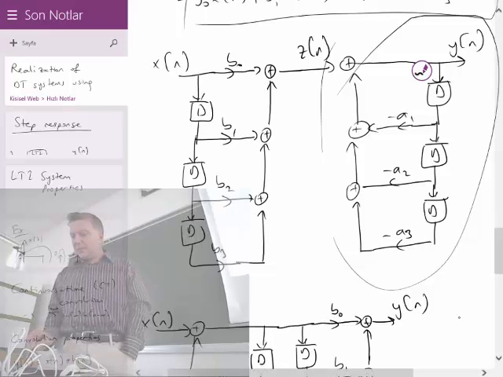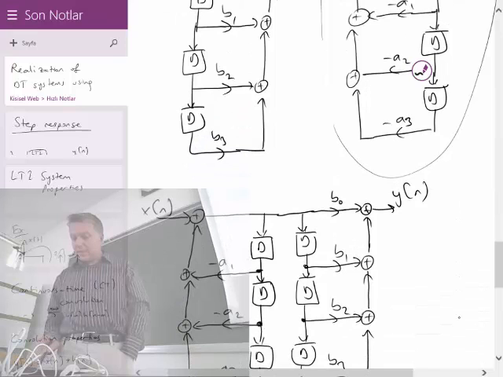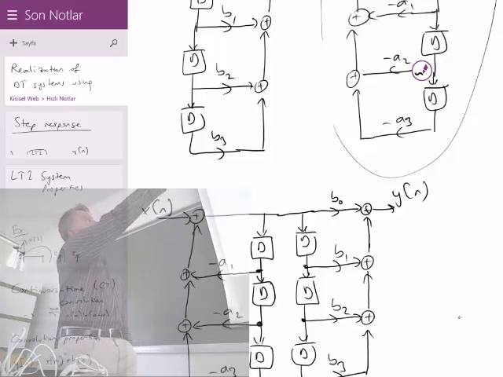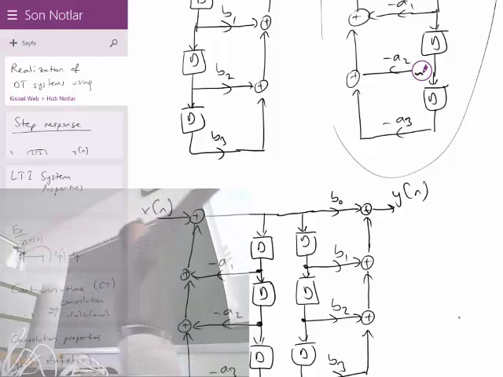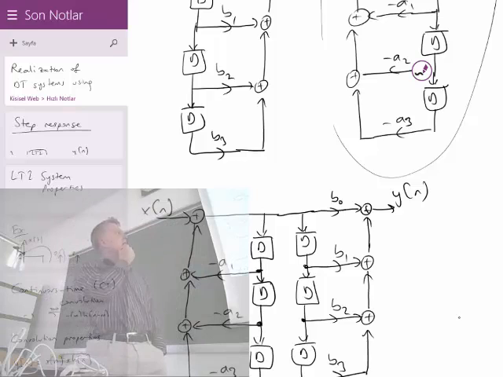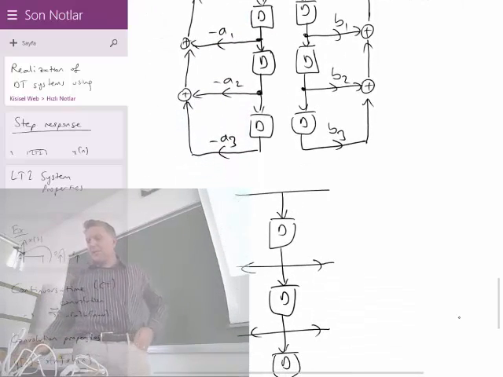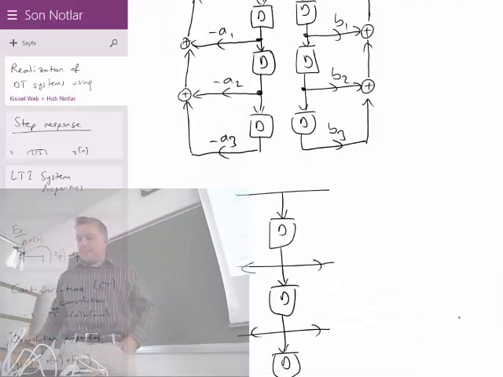Whatever that input is, it goes to the right, and the output is delayed, and the feedback is scaled by minus a1. That's what it is. The output is delayed and scaled by minus a1. So the right hand side at the top is drawn here at the left hand side. It's that figure. And only then I'll be able to share the delays.